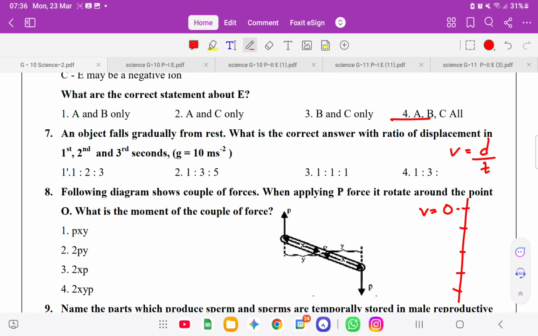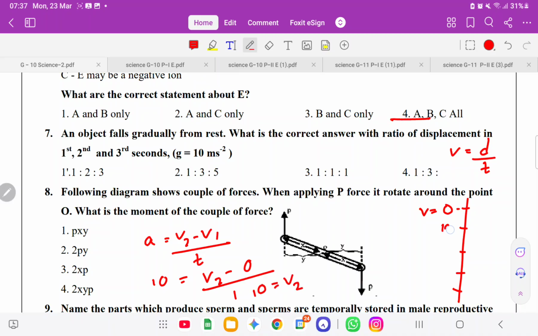We know another formula, A equals V2 minus V1 divided by T, right? A we know, V2 we don't know, V1 is 0, T is 1, so V2 is 10. So the average is 5 m/s.